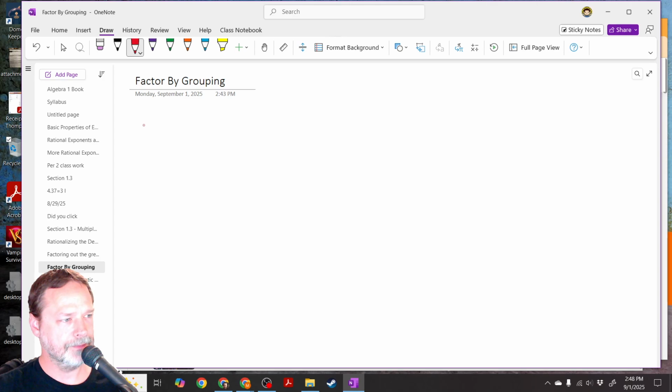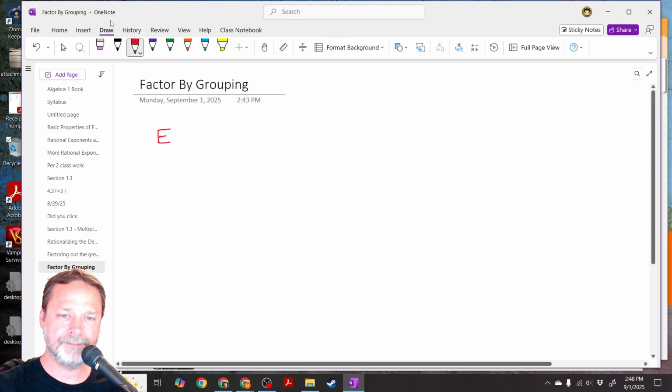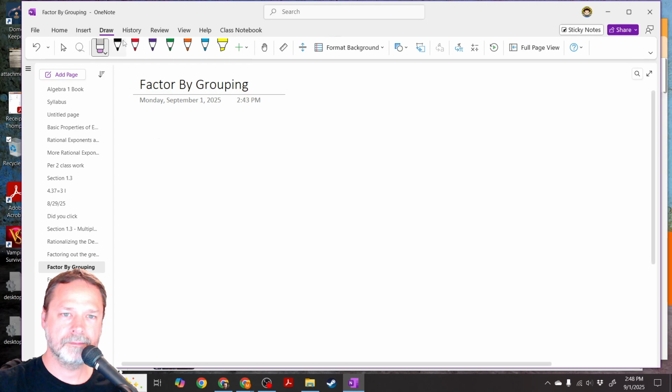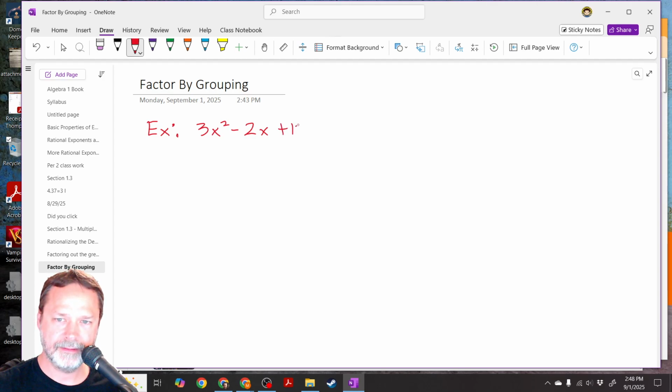What we're going to do is factor by grouping. So let's say we have an example, and we want to factor 3x squared minus 2x plus 12x minus 8.